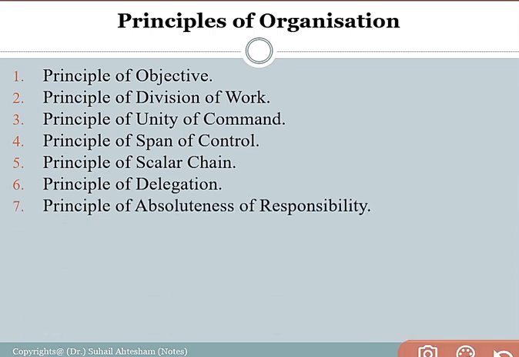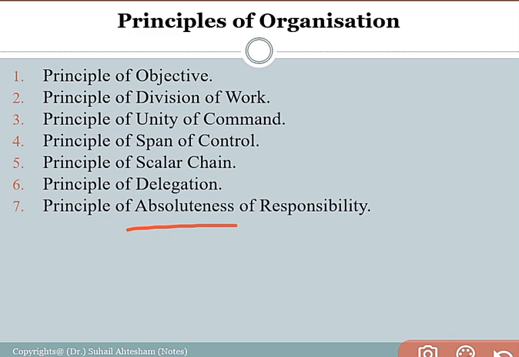Next principle, principle of absoluteness of responsibility. It means no employee should give any excuses for completion of the task, right?